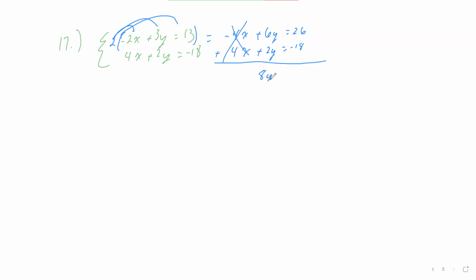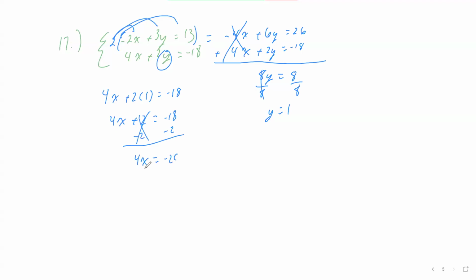This will give me 8y equals 8, divided by 8. So y equals 1. Again, it doesn't matter which equation you choose. I just like the one that hasn't been messed with too much. So therefore, I get 4x plus 2 times 1 equals negative 18. 2 times 1 is 2. I'll subtract 2 now.